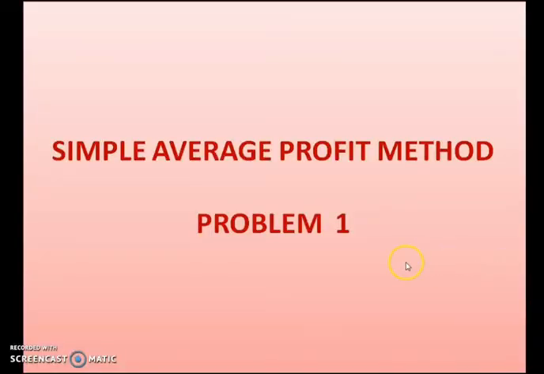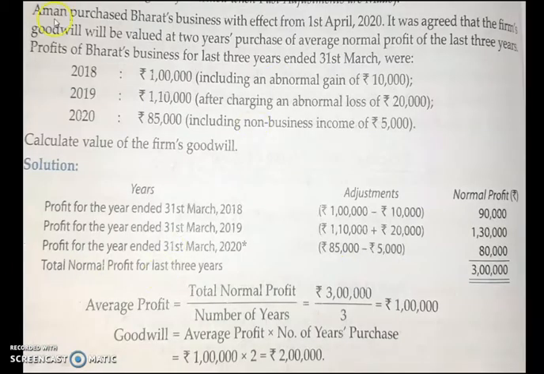Now let us do one problem related to simple average profit. Aman purchased Bharat business with effect from 1st April 2020. It was agreed that the firm's goodwill will be valued at 2 years purchase. So as I told you, this is 2 years purchase.